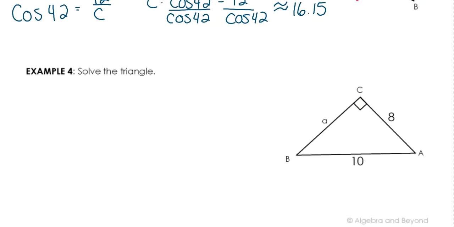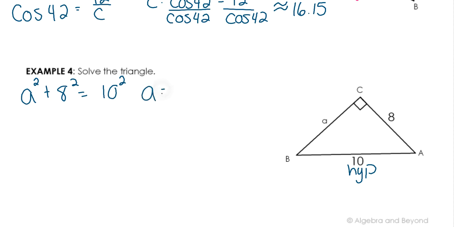Let's try one more example here. So in this one, I am given two side lengths. I need to find the third, and I only know the 90-degree angle, so I'm going to need to find two angles. So when I know two sides of a right triangle and I need to find the third, I'm going to do the Pythagorean theorem. So in this case, 10 is the hypotenuse, so I am going to do a squared plus 8 squared equals 10 squared.